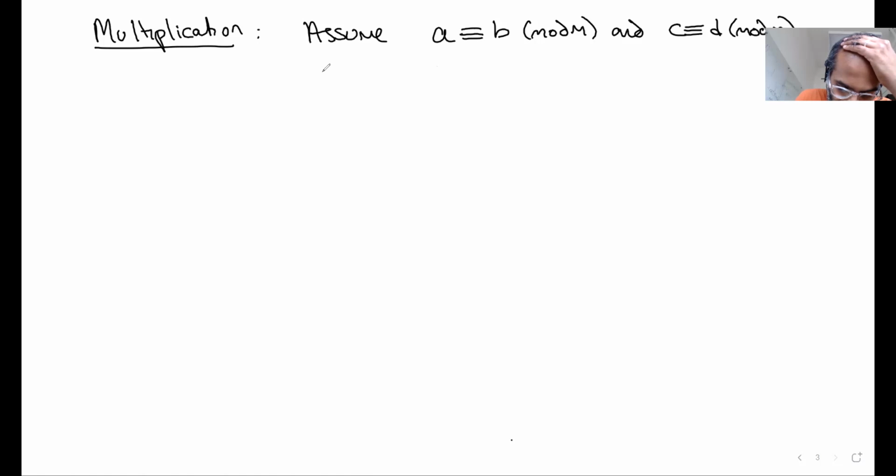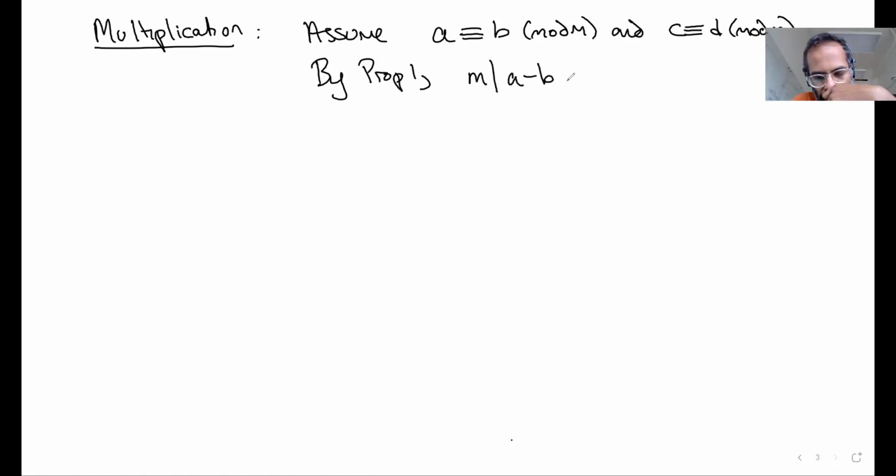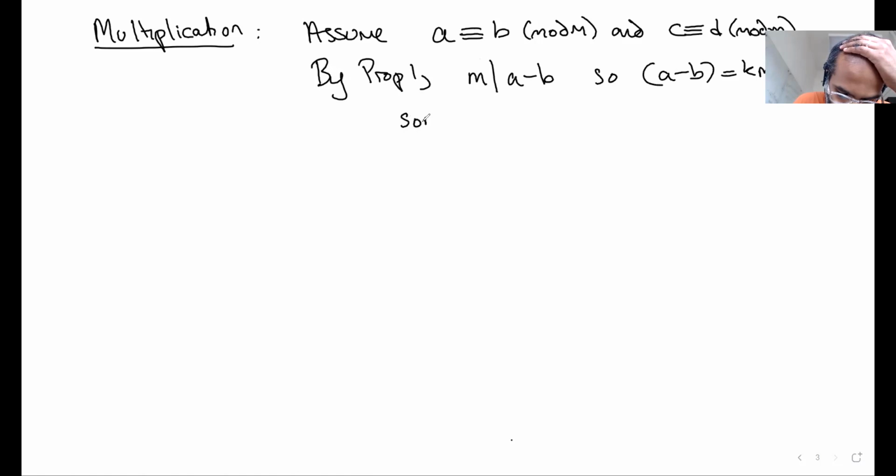So by proposition 1, M divides A minus B. Let me just unwrap it since we haven't done this before. So A minus B equals KM for some integer K. But now I'm going to do a little trick, which is just another basic property of divisibility.